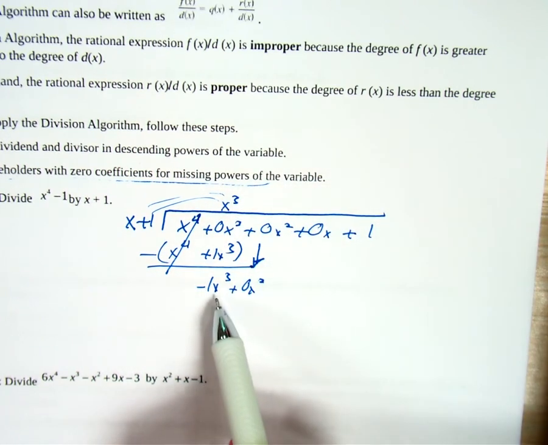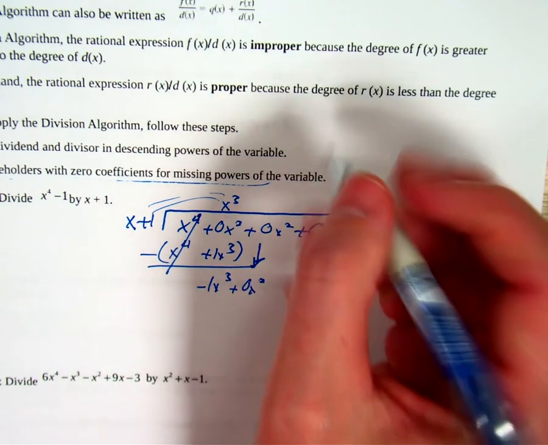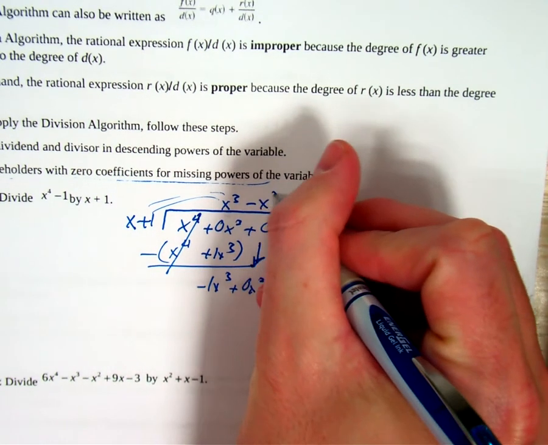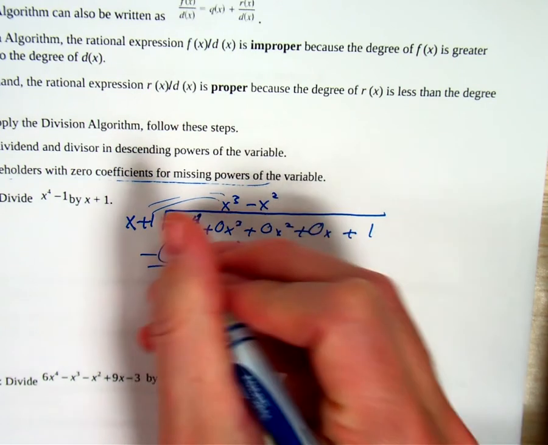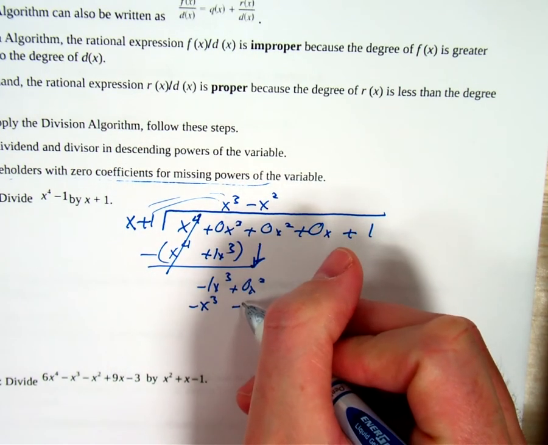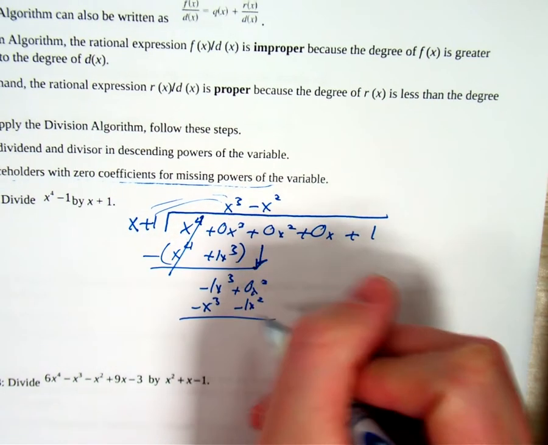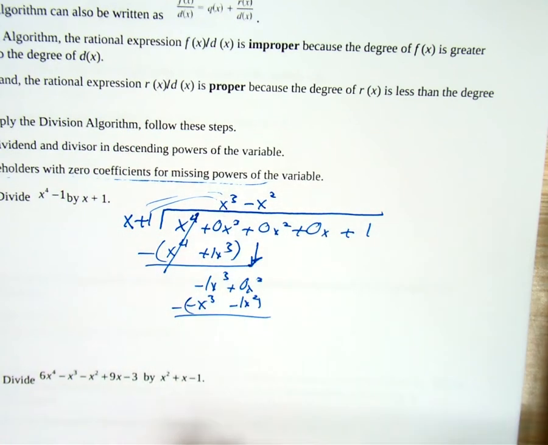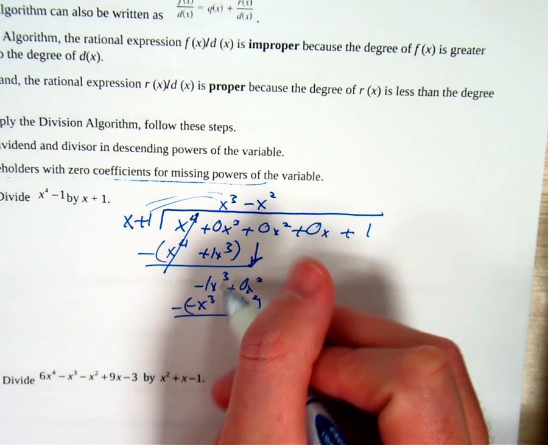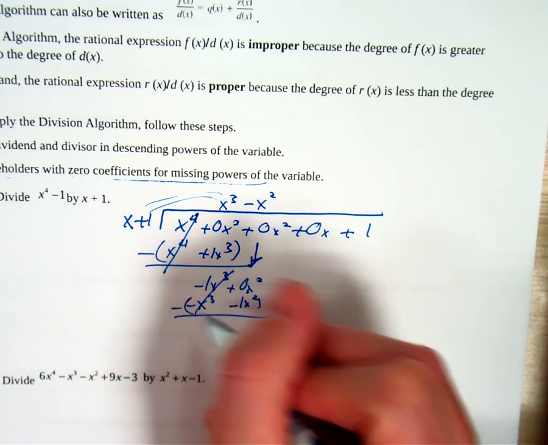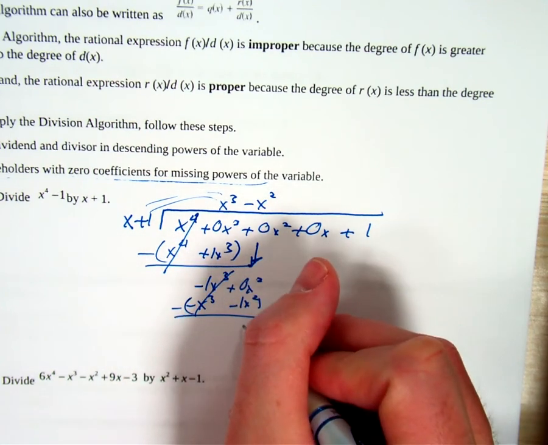Negative 1x to the 3rd divided by x is negative 1x squared. Multiply it back. Minus 1x squared. Subtract down. Okay, negative 1 minus negative 1 cancels out. 0 minus negative 1, that's going to make it a positive 1x squared.